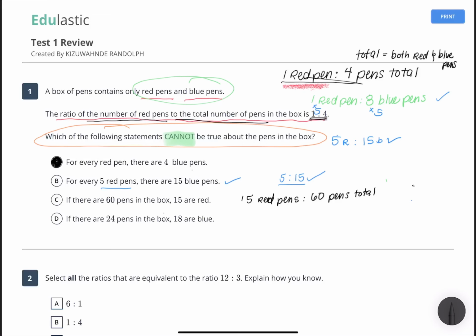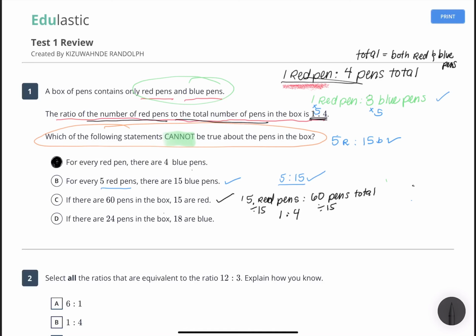Well, if you guys don't know this, 15 is a factor of 60, which means that 15 could be divided into 60 equally, and 15 could be divided into 15 evenly as well. So when I reduce or simplify that, I get 1 to 4, which means that this statement is true. Okay?